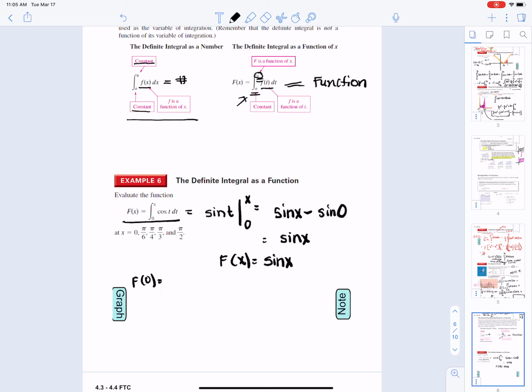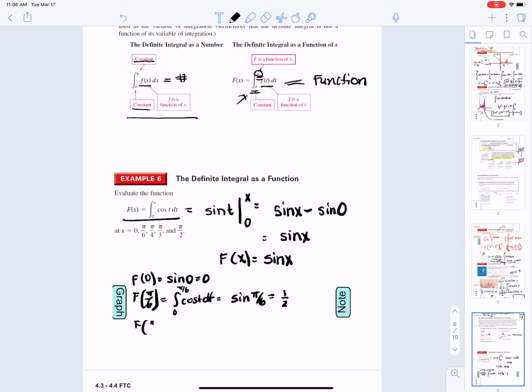F of 0 should be sine of 0, which is 0. F of pi over 6, so the area from 0 to pi over 6 of cos t dt is actually just the value of sine pi over 6. So remember your unit circle values. Sine of pi over 6 would be 1/2.